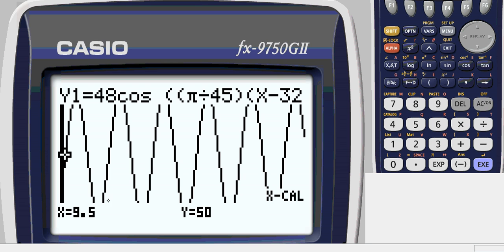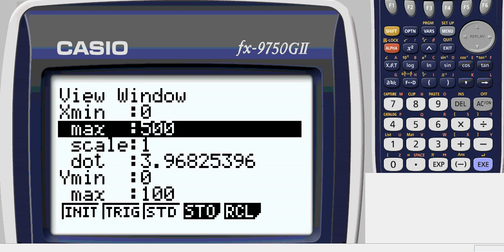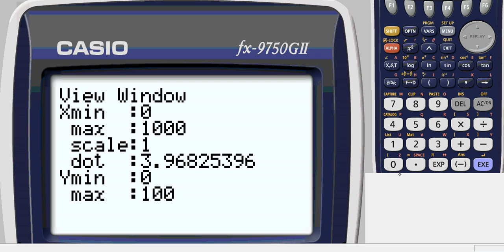So here we're going up, then down, up, down, up, down, up, down. So we need to be going up for the 10th time. So this is the first time. Here will be the second time, third, fourth, fifth, sixth. I need to expand my window because we don't see it all. So I'll double that to 1,000 seconds.